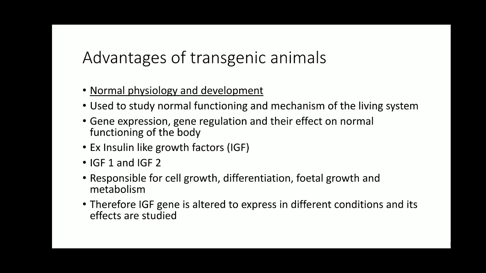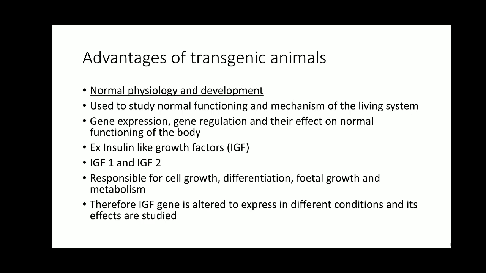The results showed an improvement in brain growth retardation during early postnatal life. If any individual is suffering from brain growth retardation at the early postnatal stages, there are chances to develop the brain by overexpressing this IGF-1 factor.